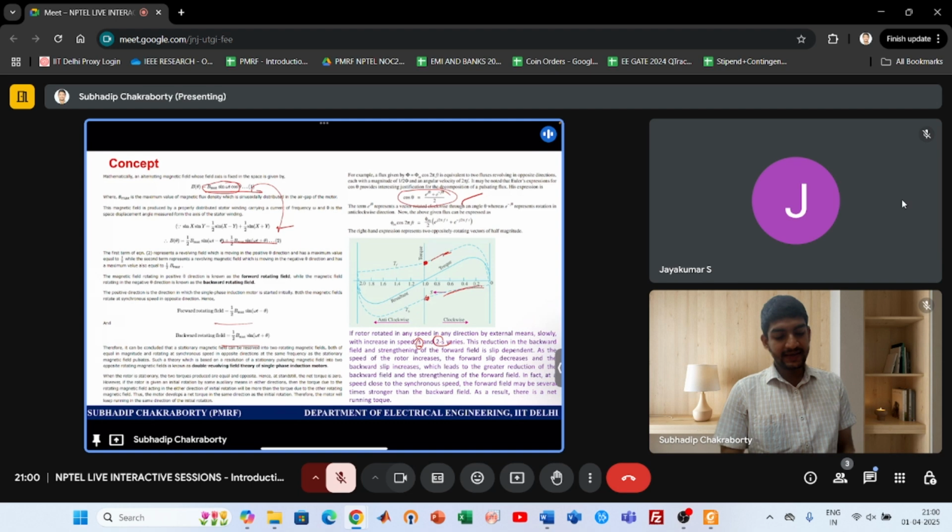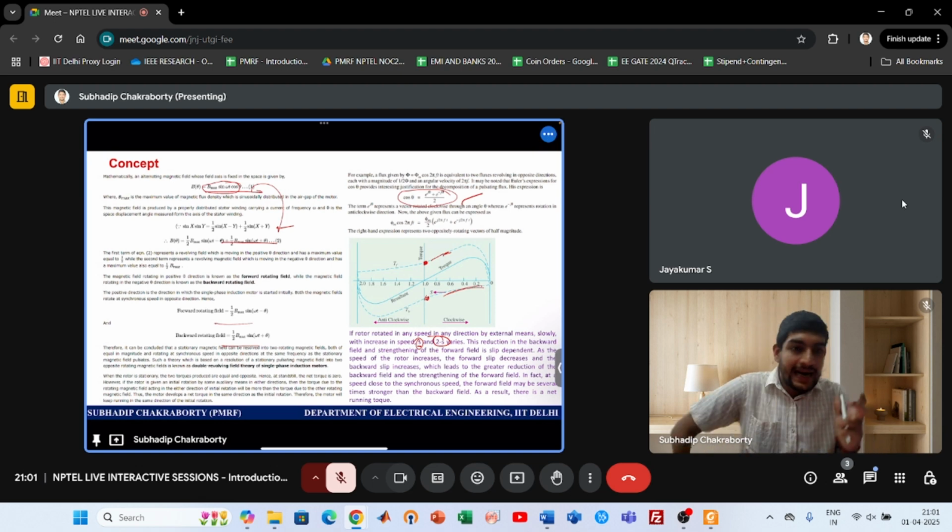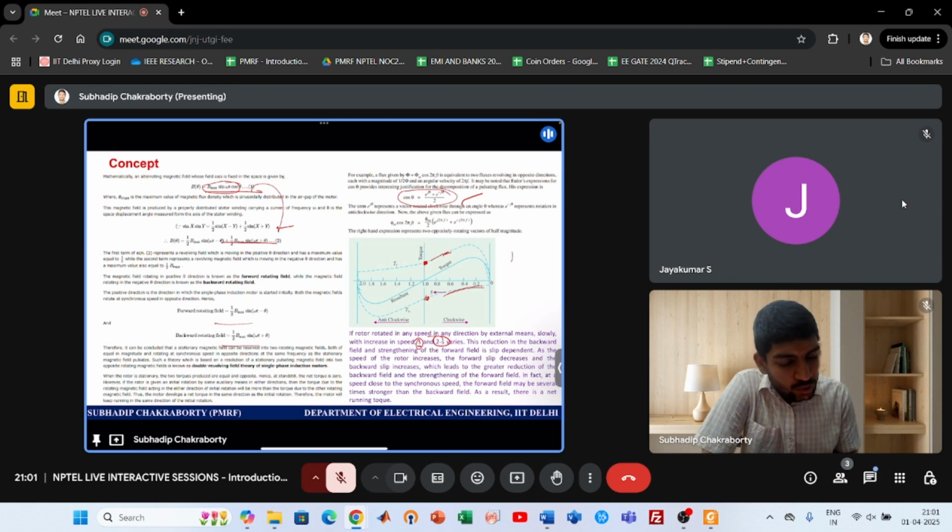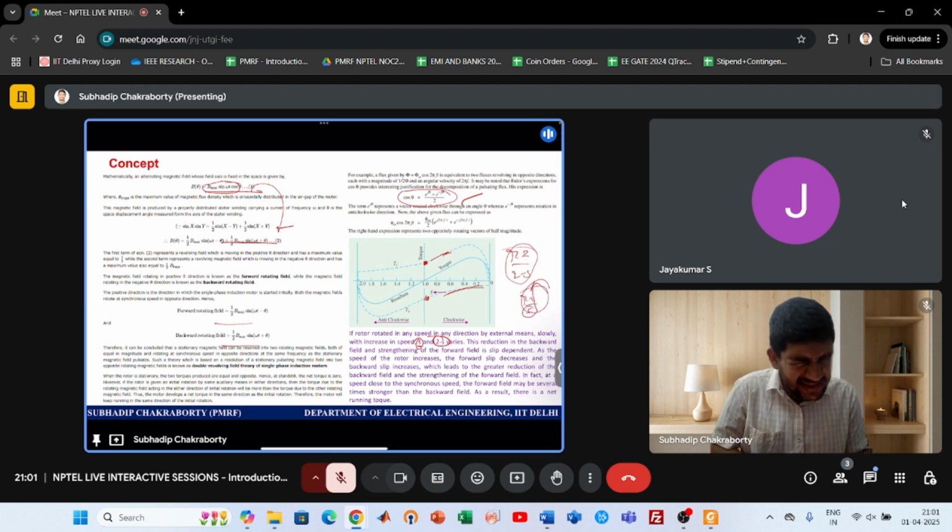So as speed increases, the slip reduces and 2 minus s is dominant. So 2 minus s slip for the backward field induces much larger voltage and poor power factor currents, because R2 by (2 minus s) is lower power factor than R2 by s. The R2 by s is much higher, much more dominant, so better power factor.